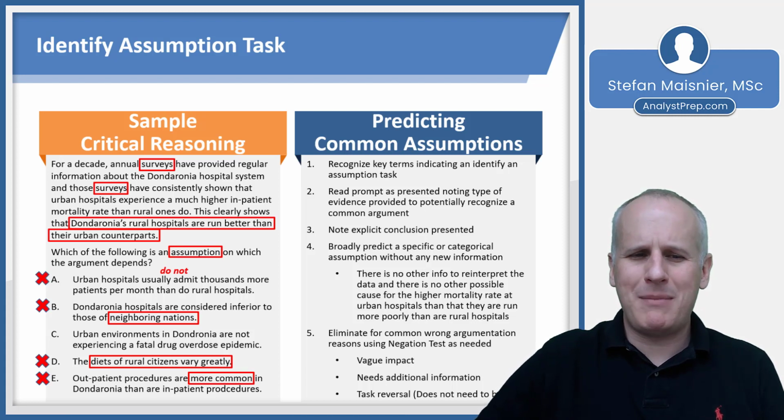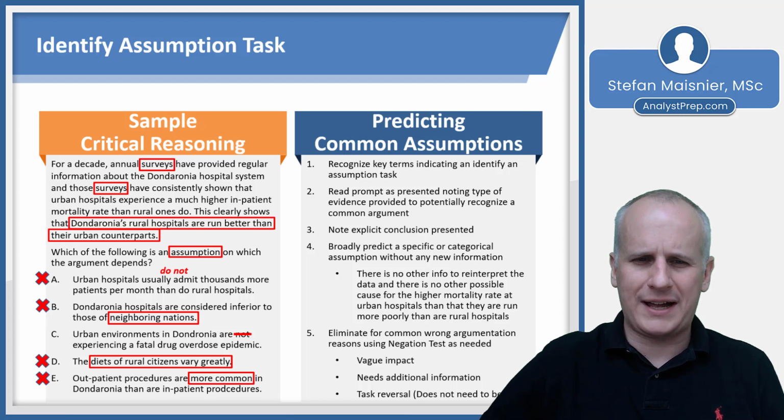But if we make choice C a little bit easier to understand by eliminating that not, which kind of makes it a weird double negative, if we said urban environments in Donderonia are experiencing a fatal drug overdose epidemic, well, now I've got a reason to believe that there's some other cause for a higher mortality rate in the urban hospitals, that they're experiencing a fatal drug overdose epidemic. And that doesn't necessarily mean that the rural hospitals are better run.